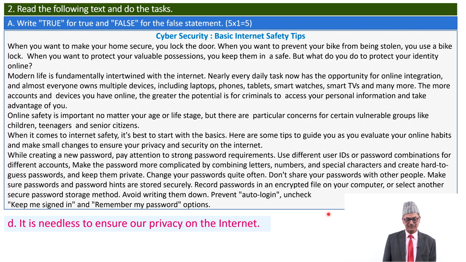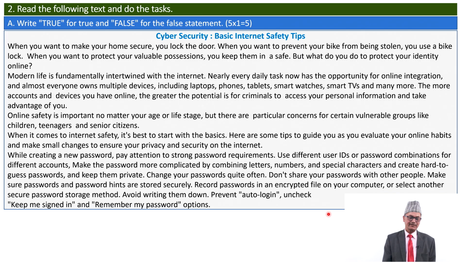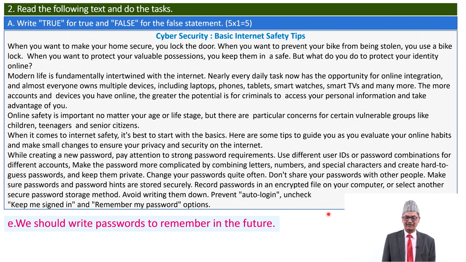Tell me, true or false? Yes, you are right. The answer is false. The last one. We should write passwords to remember in the future. The information is there. And the answer is false.